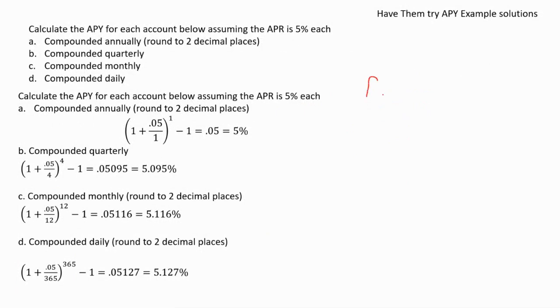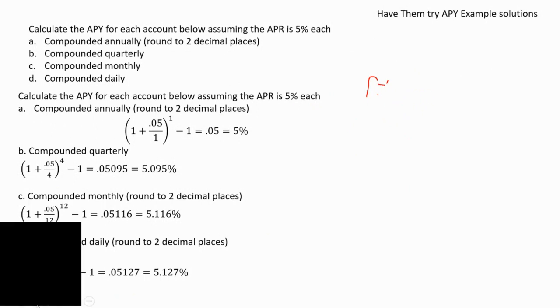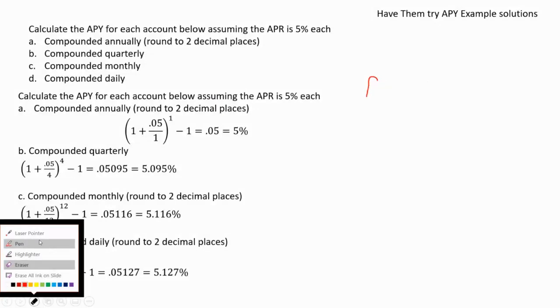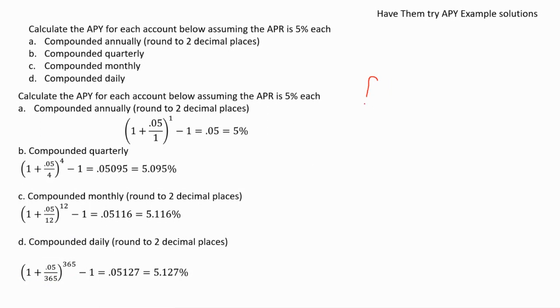And in each case, let me just fix what I wrote. Get the eraser. So in each case, I give you N. N is going to change depending on parts A or B, depending on how often it's compounded in a year.